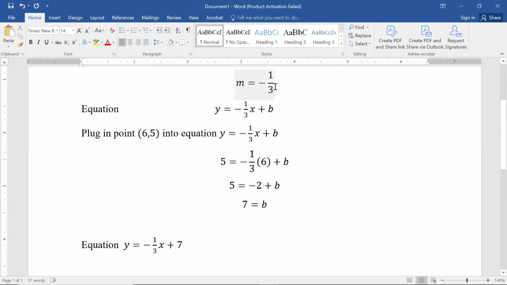So we find the m. In this case, the m was given to us. And then we find the b by plugging in our point into this equation. By the way, in our previous problem, we could have also plugged in the point into the equation and found the answer that way.